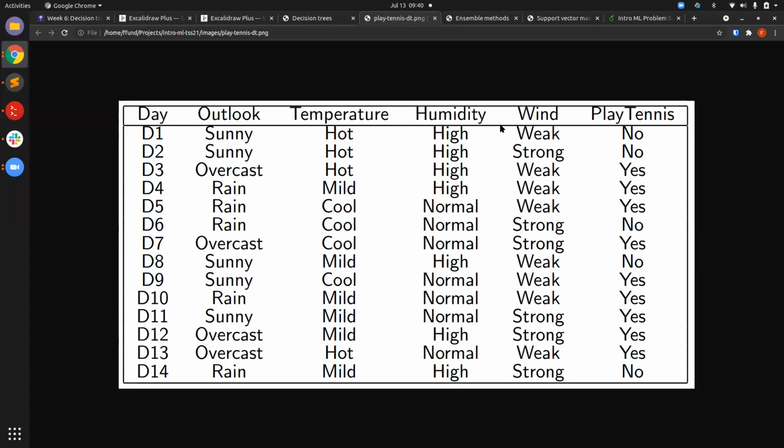Which days will end up in the strong wind branch? Let's see, day 2, day 6, 7, 11, 12, and 14.